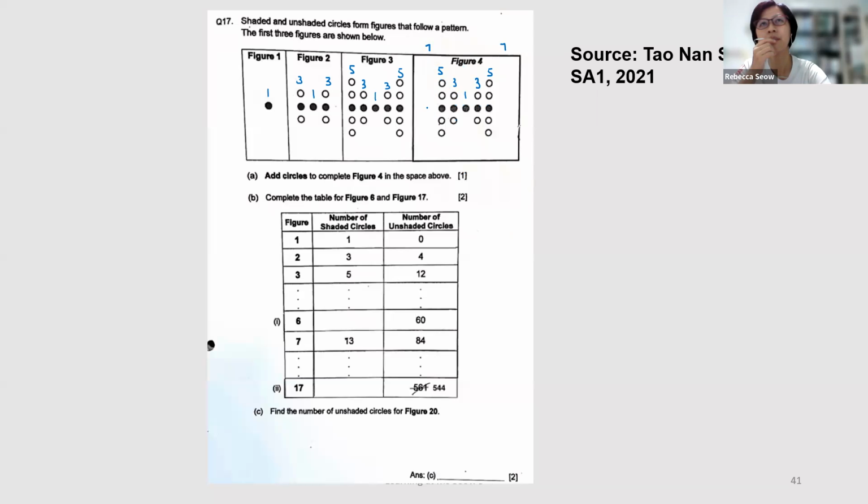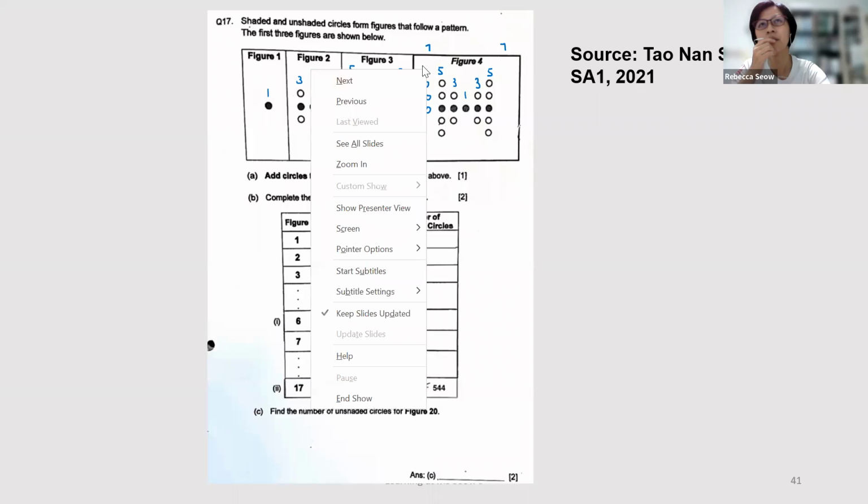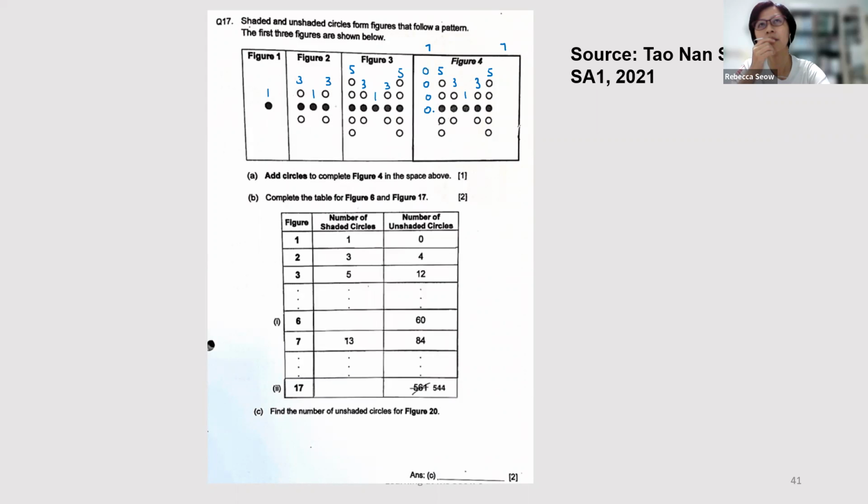Well, 1, 2, 3, 4, 5, 6, 7. And where would the shaded circle be? The one that is aligned with the other shaded circles.